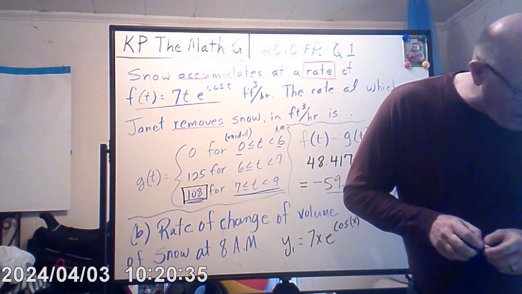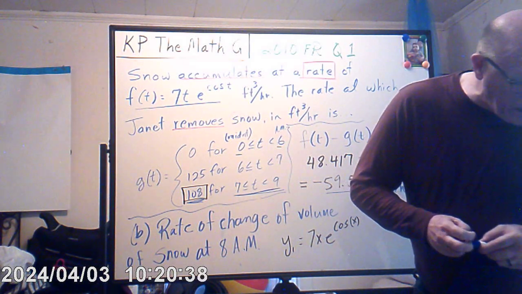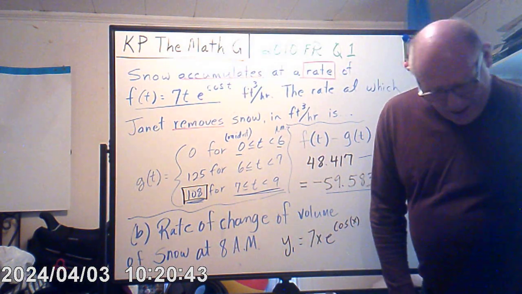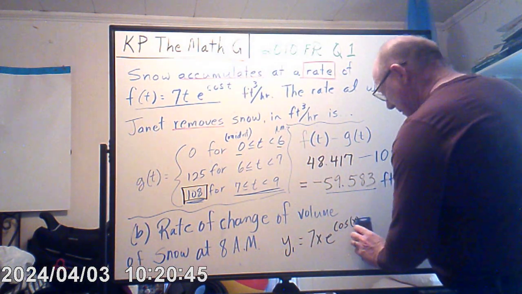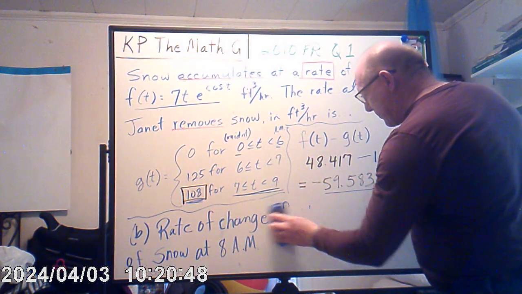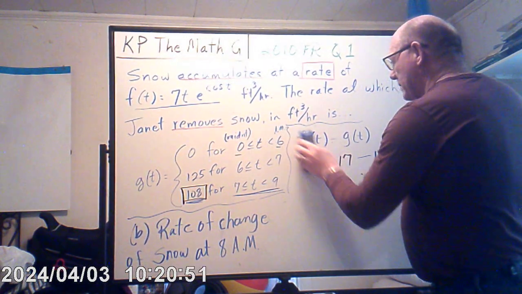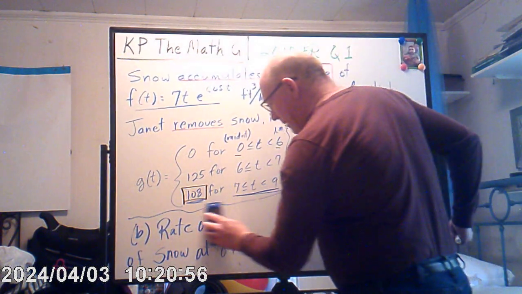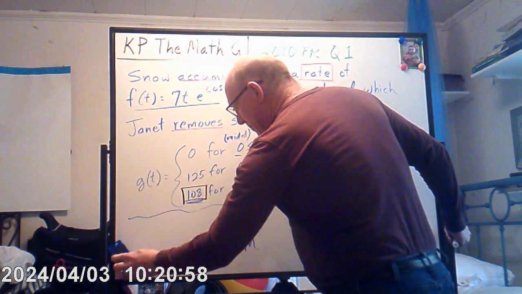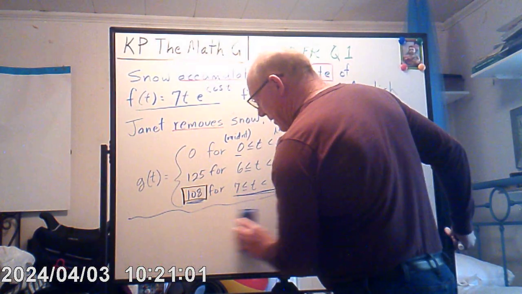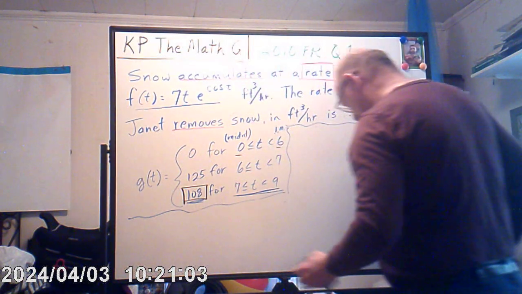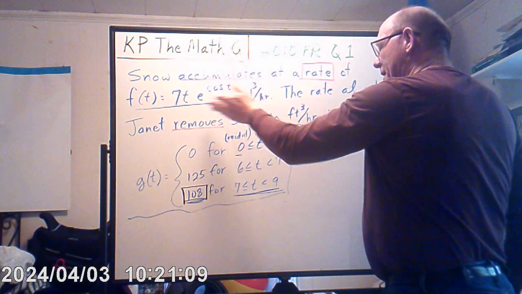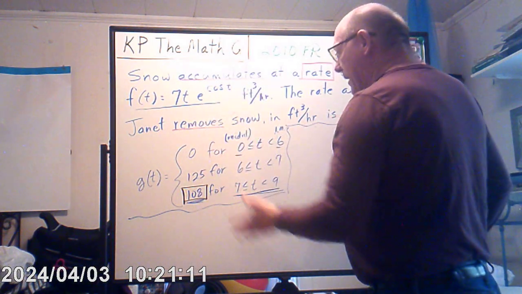Now this C part is really what I want to get into, and I may have to flip the board over for this one. The A and B were fairly simple. I may have a little time to do C. Just remember when you're dealing with rate of change, how much is accumulated minus how much is removed, and that's the rate.